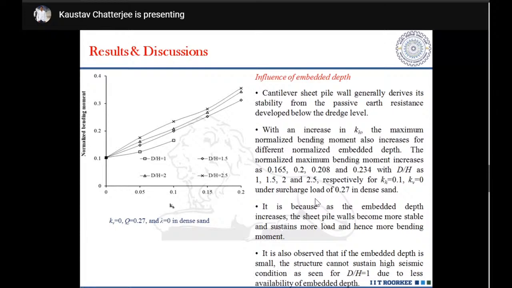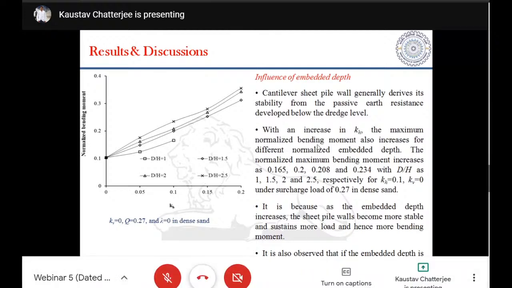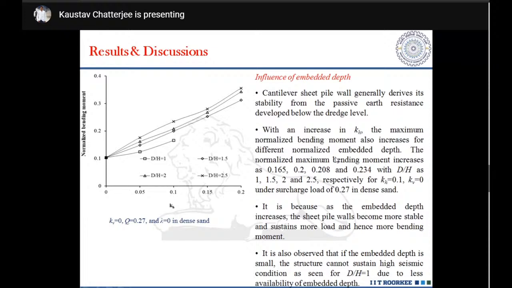Next is the effect of the embedment depth. Now we have taken 4 different embedment depths, and the D by H ratio comes to 1, 1.5, 2 and 2.5. The cantilever sheet pile wall generally derives its stability from the passive resistance developed below the dredge level. As the kh value increases, the maximum normalized bending moment will also increase for different normalized depths. The normalized bending moment increases in this particular manner for the given loading condition in a dense sand.